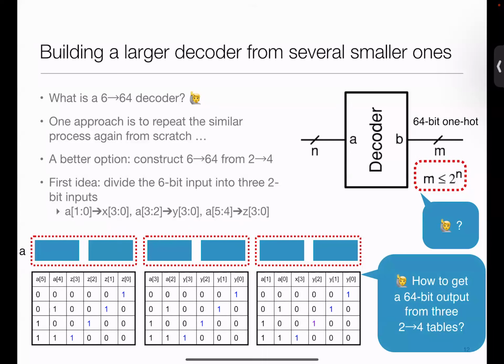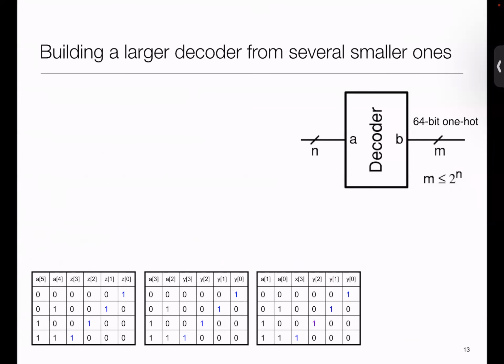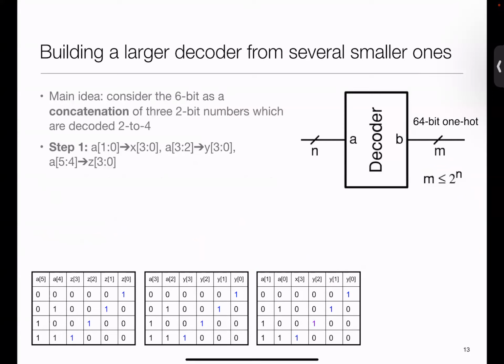So how to get the 64 from the outputs of these 3 groups. So the idea out here is the following. Step 1, we have done what we showed. In step 2, we recognize that the information in A1, A0 is captured in X3, X2, X1, X0.